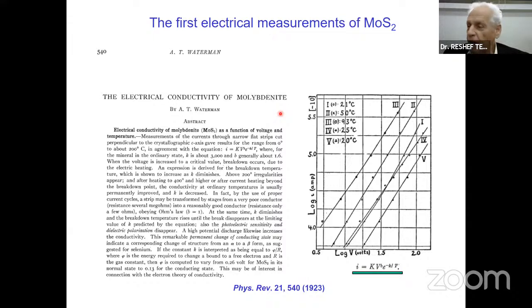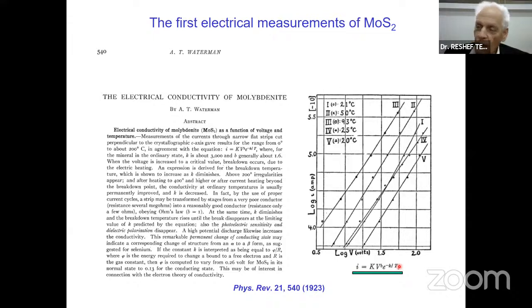This is the first paper on conductivity, made by Waterman from Yale University, also in 1923. He measured the conductivity of molybdenum disulfide, and he saw that the current, or the conductivity, increases with temperature. He didn't dare to call it a semiconductor at that time, because materials at that time were so dirty that he was not sure that his material was really a semiconductor or not.